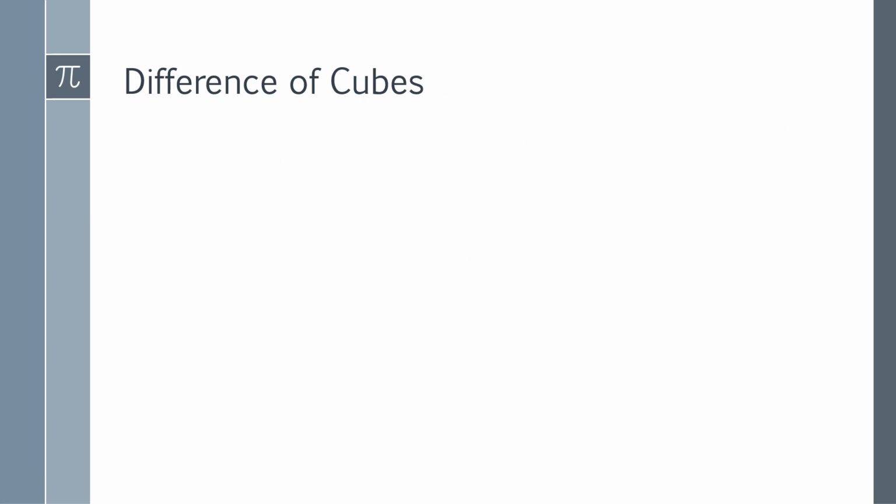Difference of cubes. Alright. So difference of cubes is going to be things like this. 5 cubed is 125 and things like that. So let's do it. X cubed plus 125.